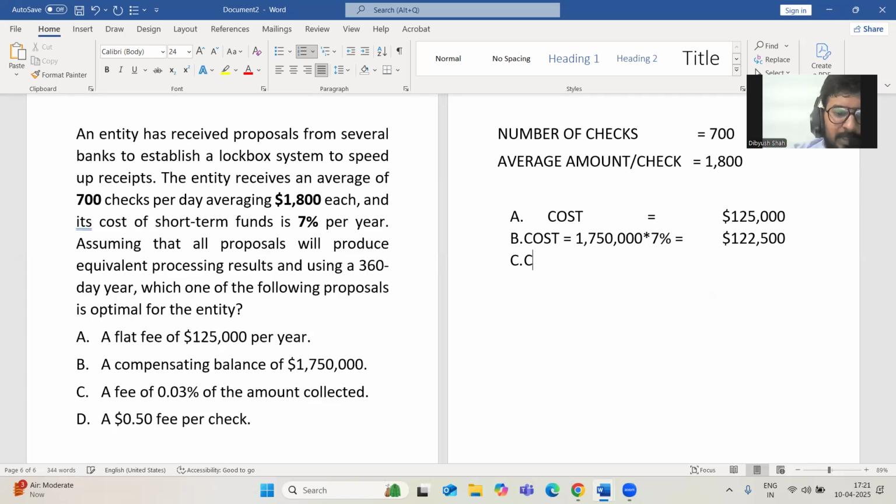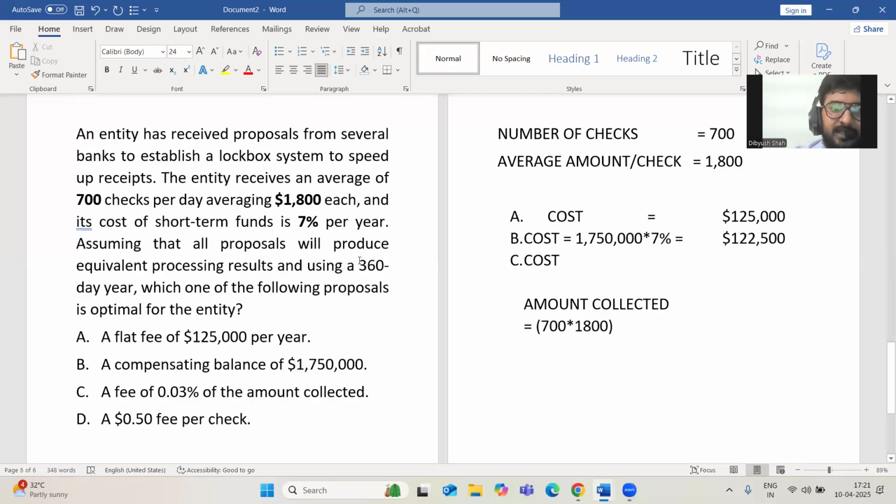C, a fee of 0.03% of amount collected. Now in this situation, my total amount collected will be 700 into 1800. This is per day. They have given in the question using a 360-day year. That means we are not to use 365 days, but we are going to use a 360-day year.